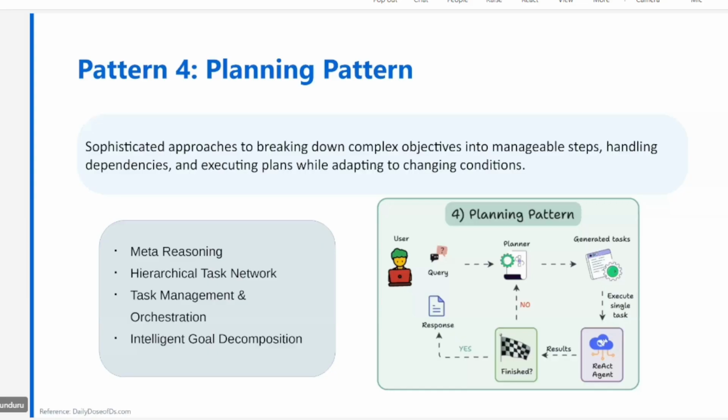Each and every single task is executed as a ReAct agent. The generated tasks will be executed by the agent in the ReAct pattern we discussed, iteratively completing all the tasks generated by the planner, and then combining them and sending back a response.